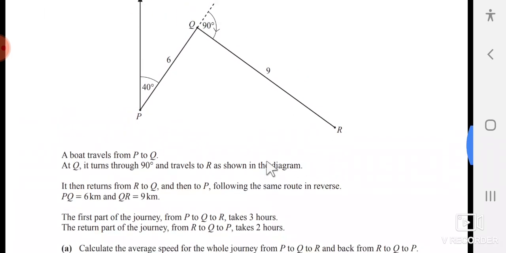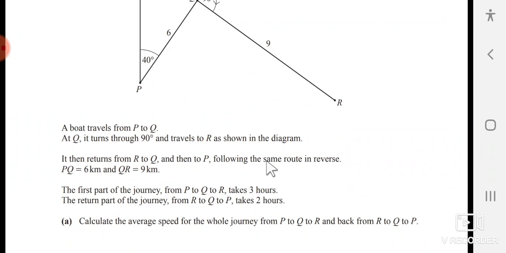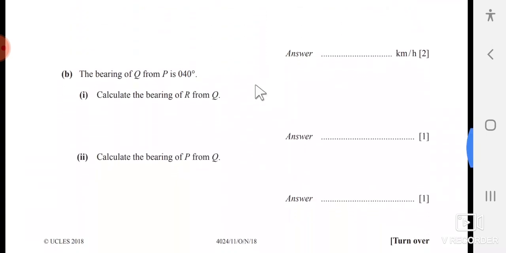And average speed is total distance traveled over time. For this to this is 3 hours, and for this return journey is 3 hours, so total time is 5 hours. And you also need 6 plus 9 plus this distance which you calculate by Pythagoras theorem. You will calculate the average speed of this whole journey, right?